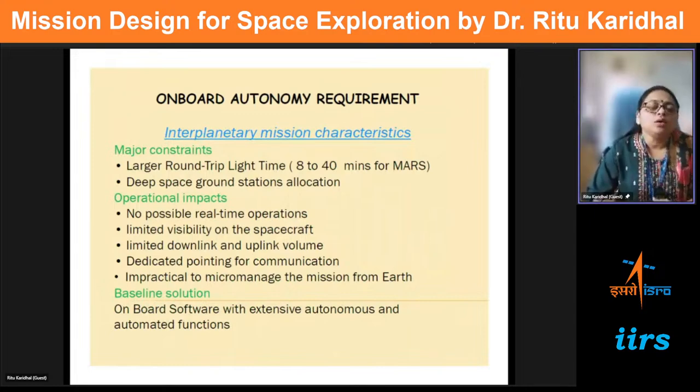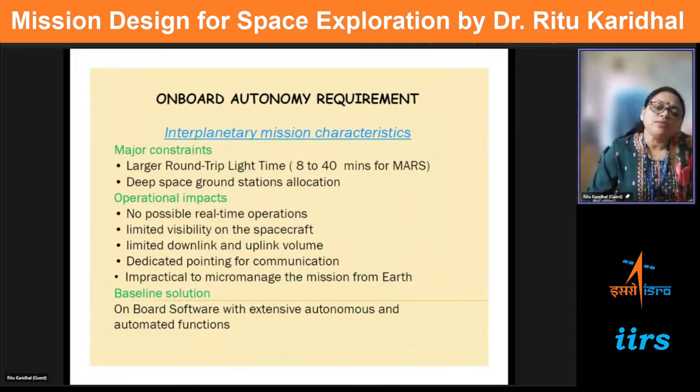But when we go to deep space missions, this is not possible, because light has a finite speed. And when we talk about the round trip time, of any signal you send to the satellite and get back, as you move deeper and deeper into space, the round trip time increases. It can go from 8 minutes minimum to 40 minutes for a Mars mission, an average of around 24 minutes, let us say.